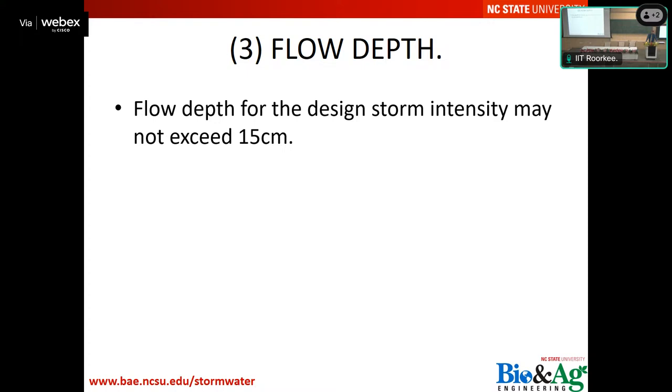But sometimes we counsel our designers to use 10 centimeters in case the grass that they're using to line the swale just doesn't get that tall. All right, so there you go. That's a very important consideration. You've got to make sure you don't have the water overly high, so that you don't overwhelm the grass.